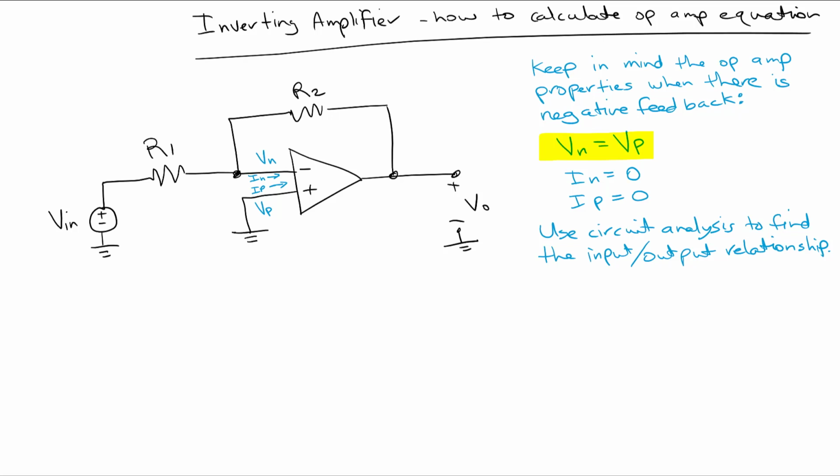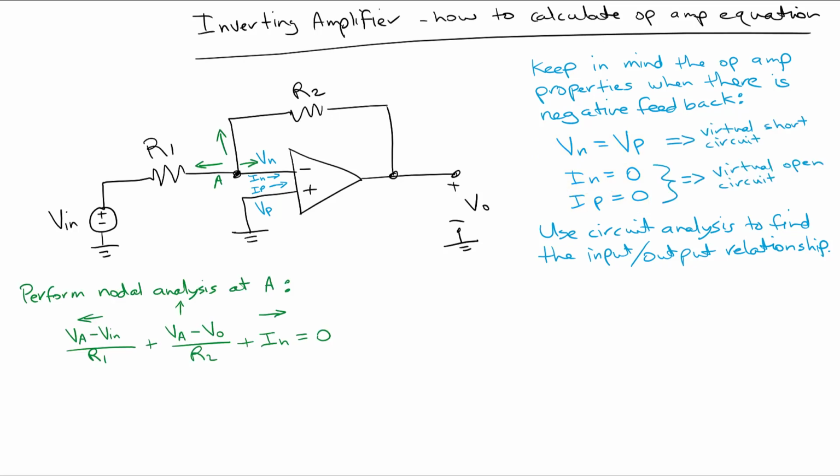We also know the other properties of the op-amp, which are always true, irrespective of negative feedback, that there is no current that flows to the negative input or the positive input of the op-amp. So those are zero. And then, to calculate the closed loop gain in the op-amp equation, we use circuit analysis, keeping in mind the properties of the op-amp.